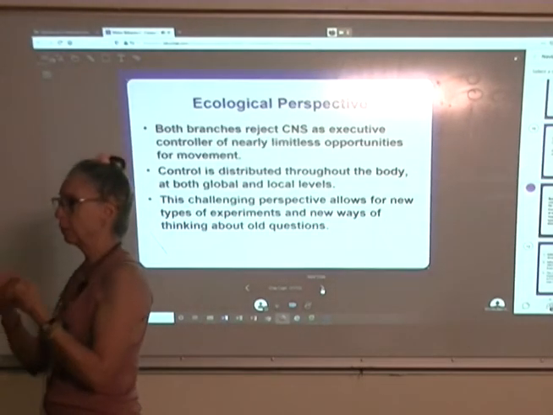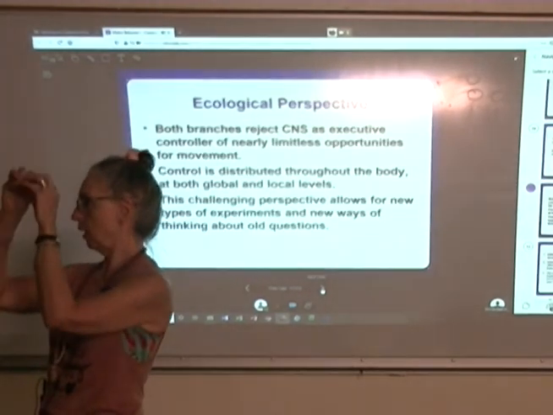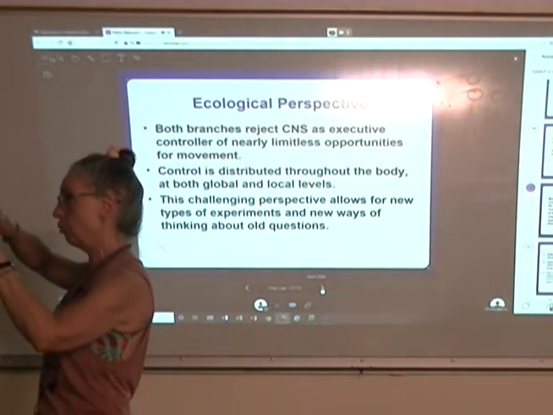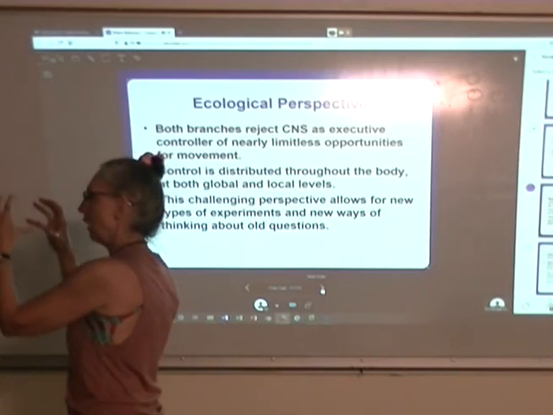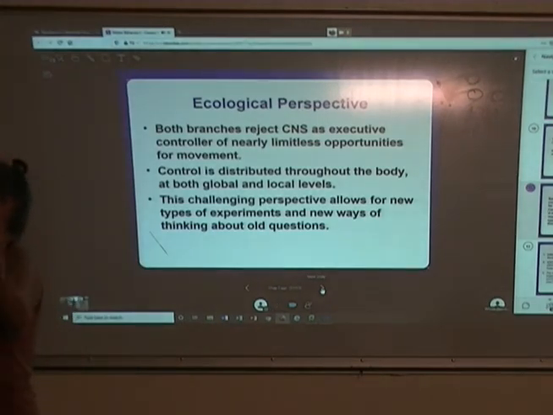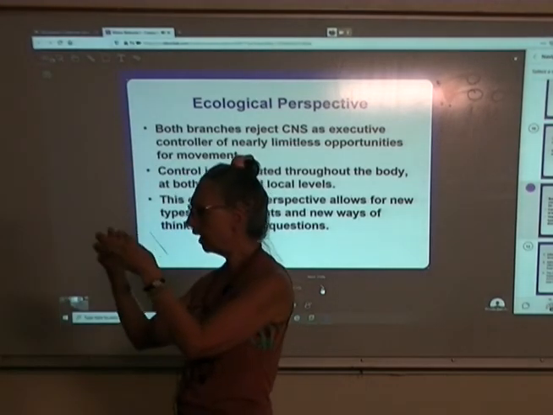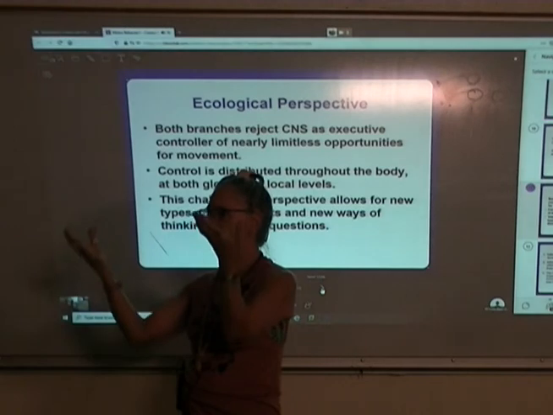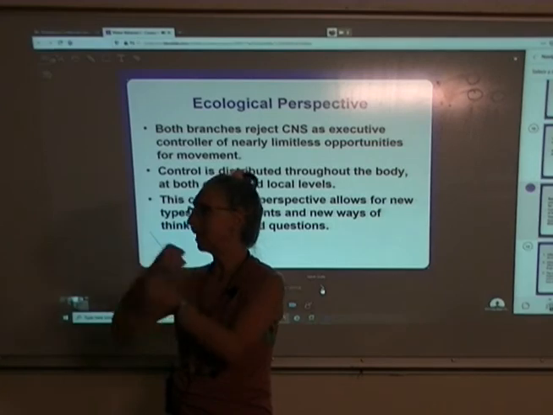Often I think information processing is more about what is happening in the brain to initiate the movement, and ecological perspective is more about the organization and control of what is happening in the periphery of the body. That's just my own personal way of thinking about it. Rather than have them competing as theories, I like to think of them as complementary to each other rather than antagonistic to each other.